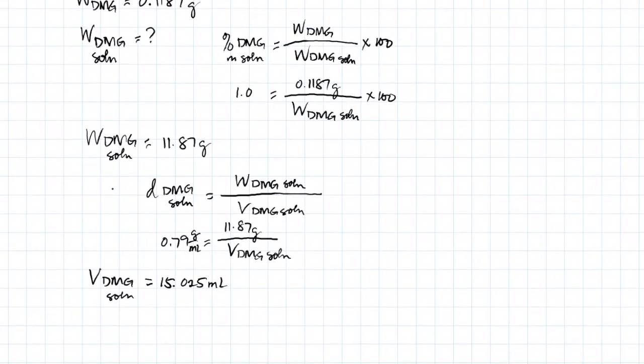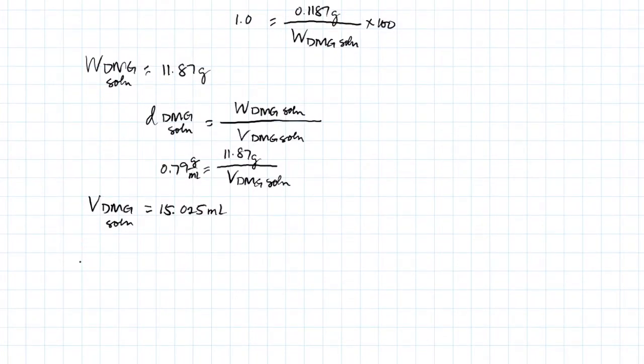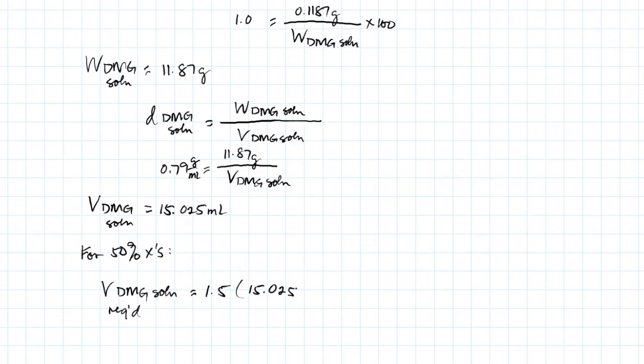And therefore, we need to determine for the 50% excess DMG solution, the volume of DMG solution required, meaning with 50% excess DMG, that will be equal to 1.5 times the volume of our DMG solution, which is 15.025 ml.